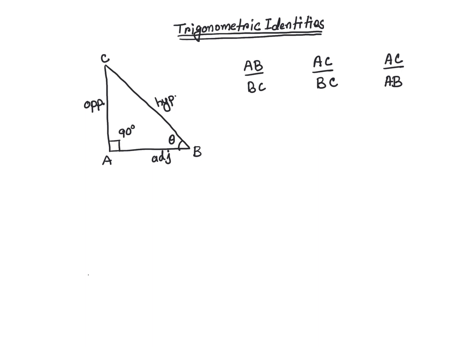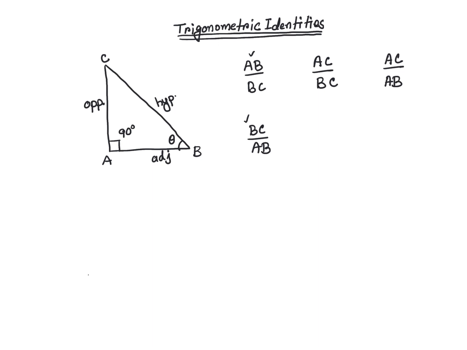By the way, how many different ways can you take the ratios? It's going to be 6 different ways. Okay. So I have taken these 3. Now I'm going to flip these to get the other ratios. So let's say BC over AB. Look, here I have AB over BC, or AB divided by BC.